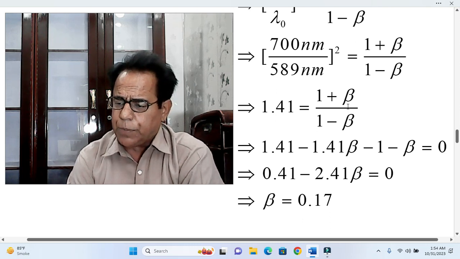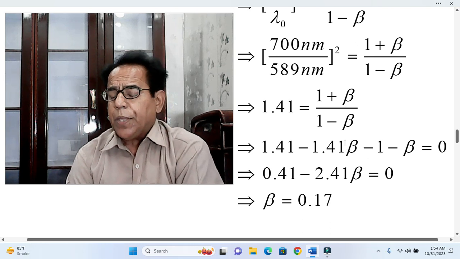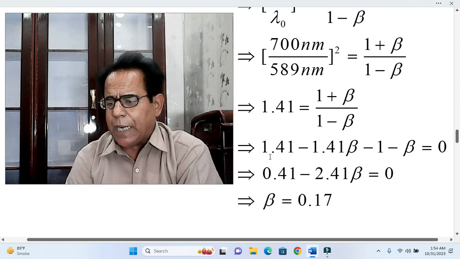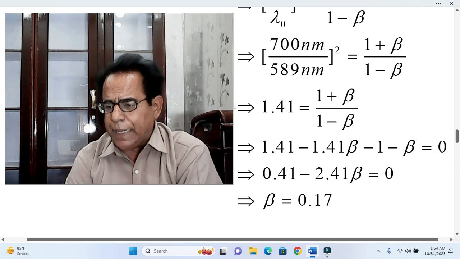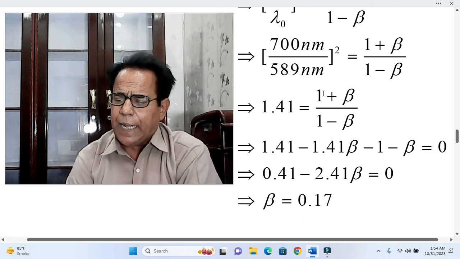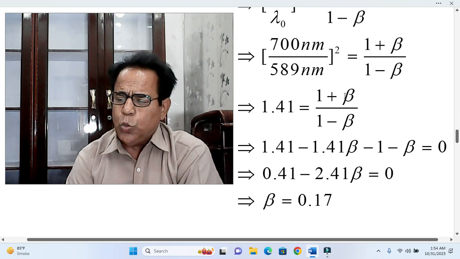This is equal to 1 plus beta over 1 minus beta. Here 1 minus beta will be multiplied by this factor, and we will get 1.41 minus 1.41 beta equals 1 plus beta. This factor will be shifted to the other side of the equality, and hence both these values will become minus.